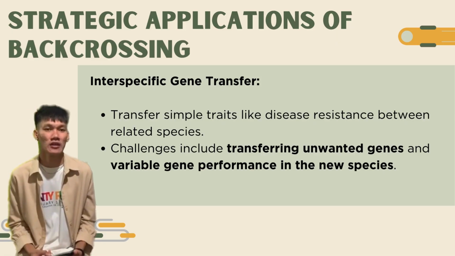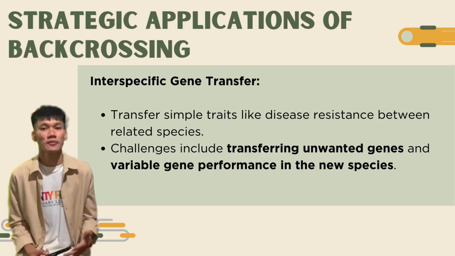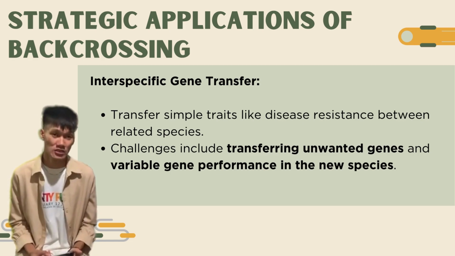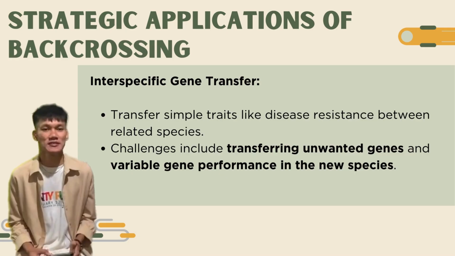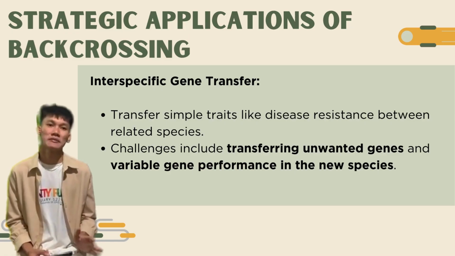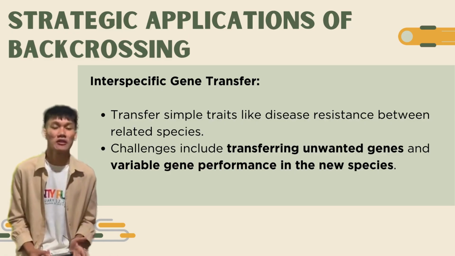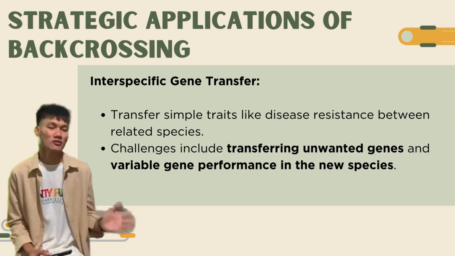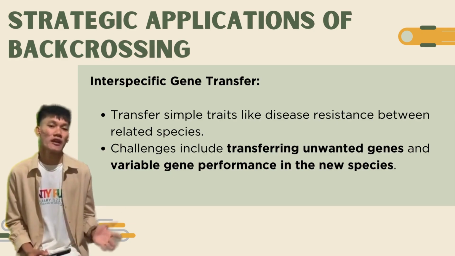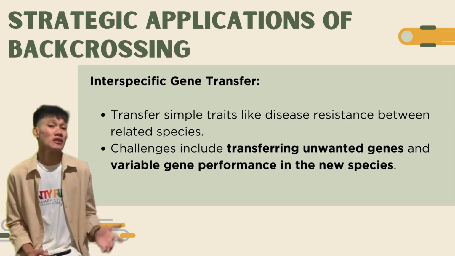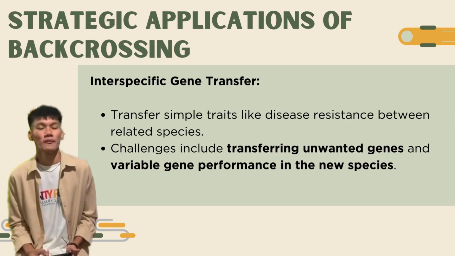These challenges include transferring unwanted genes and variable gene performance in the new species. This process can be tricky because sometimes unwanted genes from the related species come along as well, which can affect the crop's quality or growth negatively.